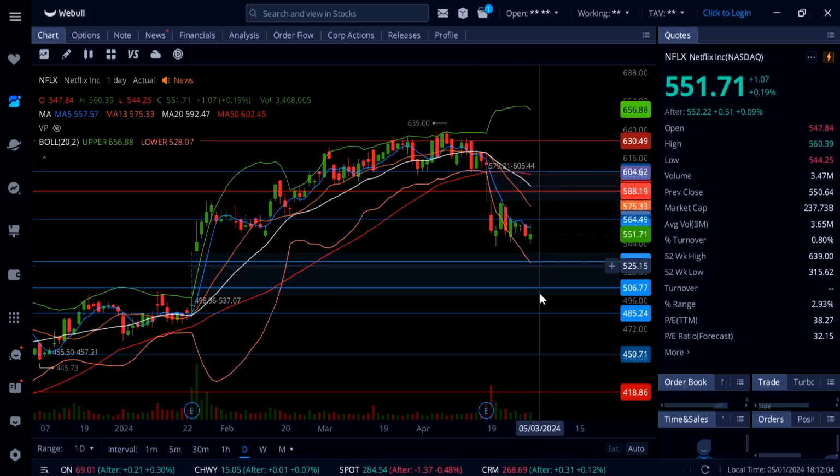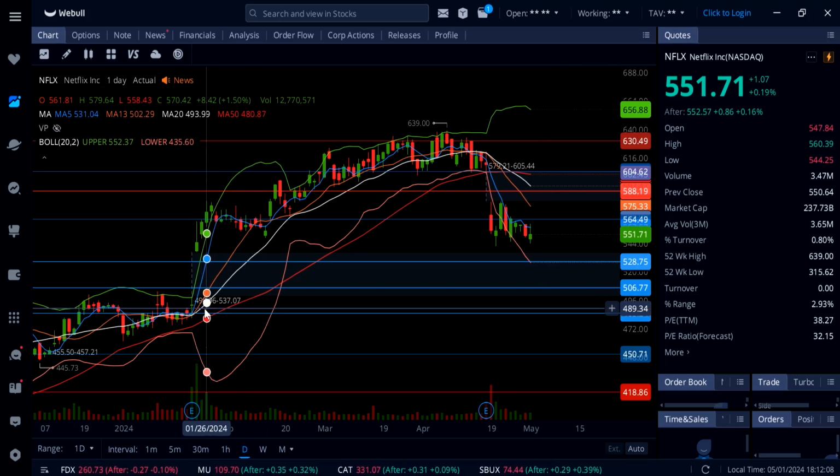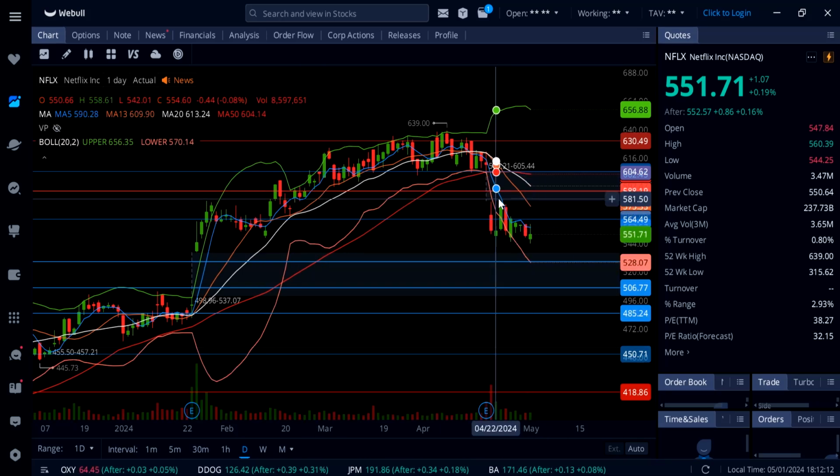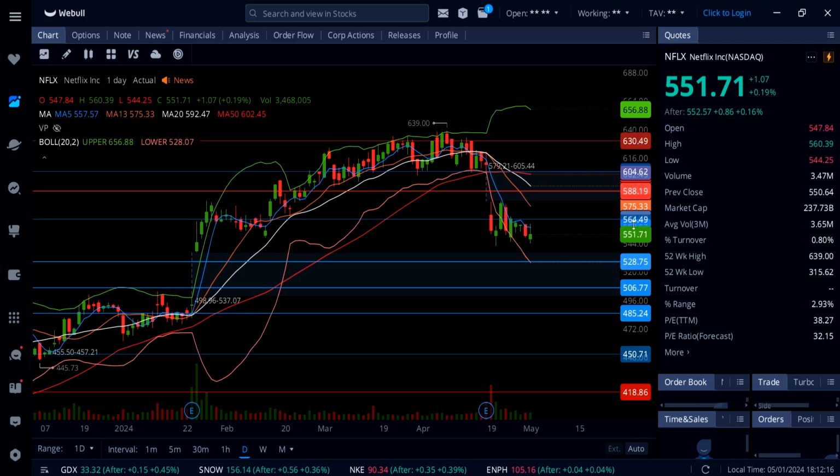So this thing can come down to 528 and then 506 all the way down to this gap 498.96. If Netflix can clear right here 558, then watch out for a move up to 564, and only if this thing can hold right here 564, then there will be more upside up to 575 to 588.